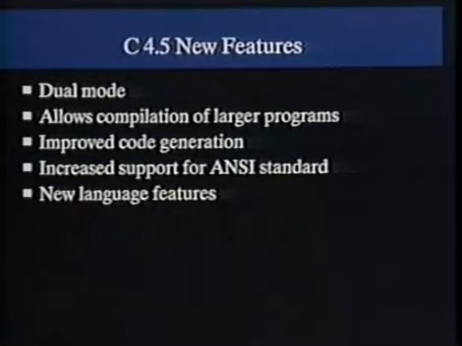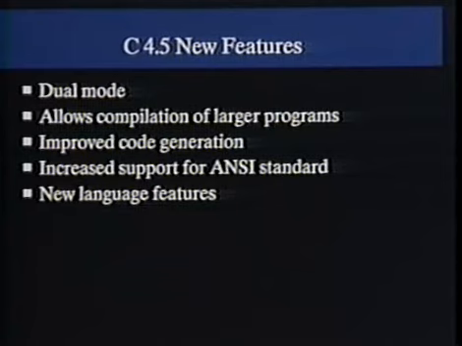Some of the other new features: it allows compilation of some larger programs, mainly because it has been optimized itself a little bit better. There's some better optimization in there, so you get some better code generation. It also has support for the current state of the evolving ANSI standard.